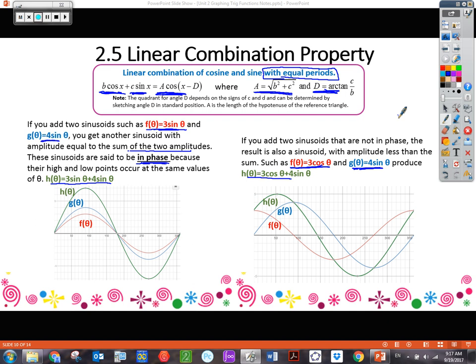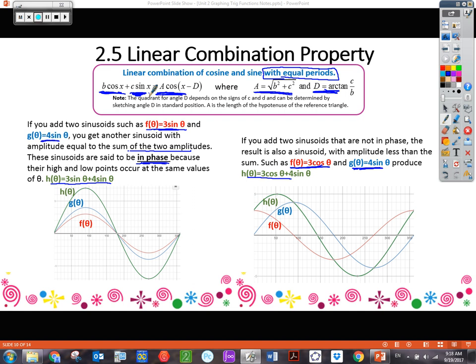So let's talk about that. c is in the numerator, which kind of makes sense to me because c goes with sine, which is kind of y, right? y is in the numerator, x in the denominator. So arctangent of c over b; b goes with cosine, which is like x. That's how I remember that c is always in the numerator, because c goes with sine, which is y. Okay, so that's just kind of a helpful thing.